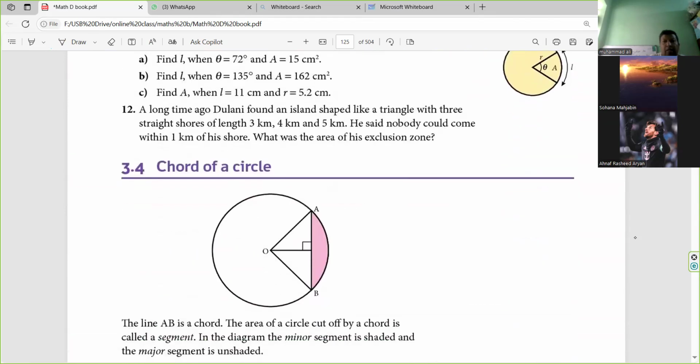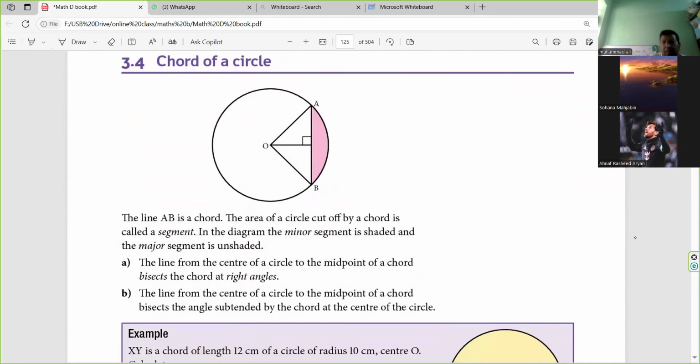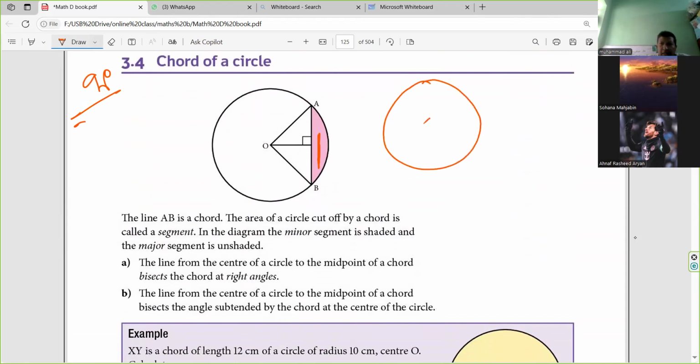Okay, this is another very important topic. That one is widely used, actually in pure maths also. This is the area of the shaded region. Like this figure, this one is a sector, no doubt.